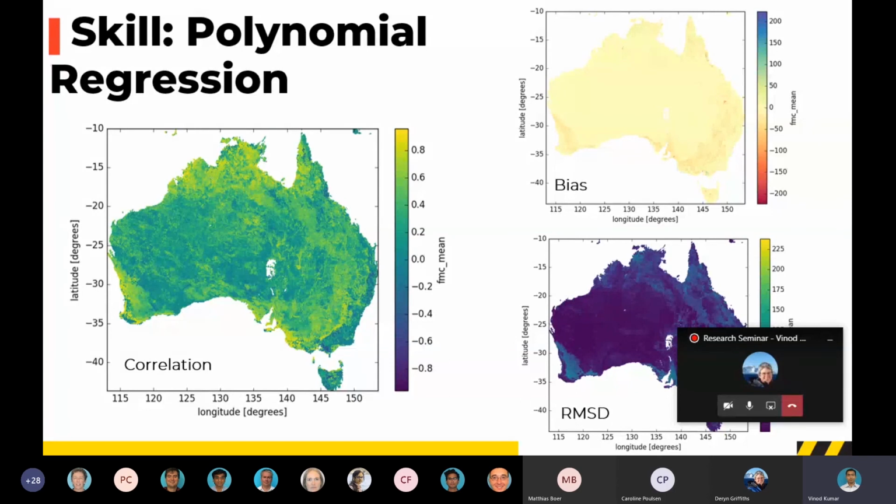There are sites obviously which have less. Over Tasmania, the model gives you good skill. The root mean square differences have decreased compared to the model based on the drought factor, which is good, but there are still errors of the order of about 30% at some locations.